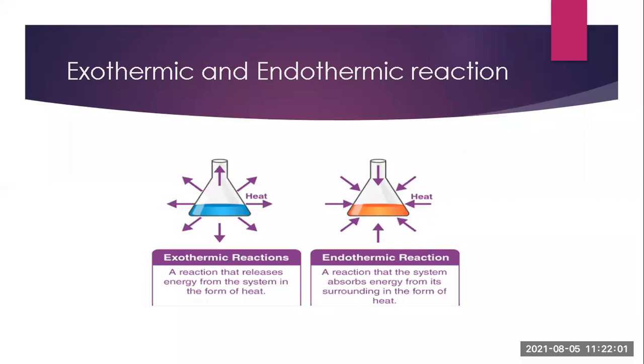And exo means exit, it is releasing out from the system, and thermic means heat. So heat energy is released in the exothermic reaction, and in the endothermic reaction heat energy is absorbed by the system.